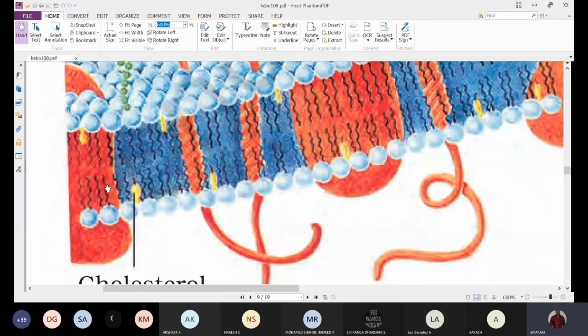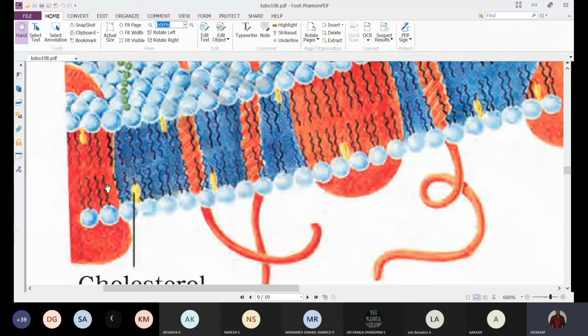Hydrophilic means which can accept water. And hydrophobic means which cannot react with water. Hydrophobic means they are opposite, that means they do not dissolve in water.